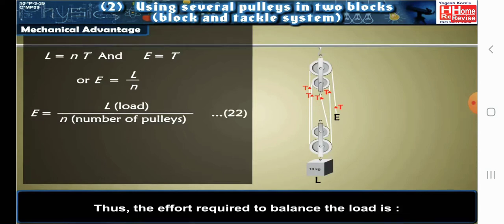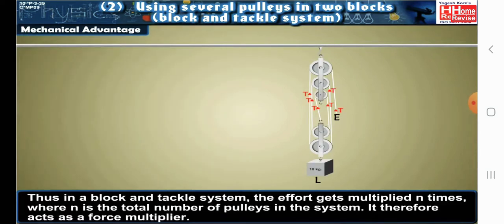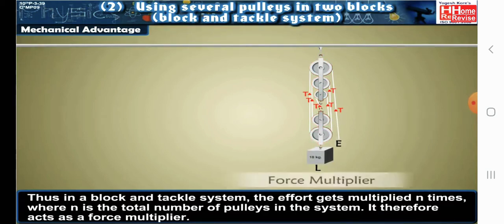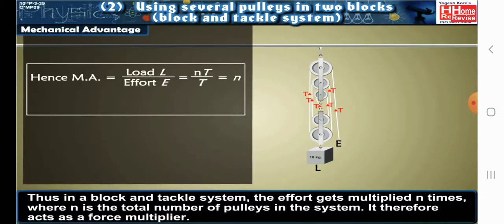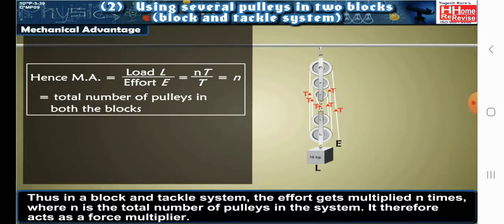Let this be equation 22. Thus, in a block and tackle system, the effort gets multiplied N times, where N is the total number of pulleys in the system. It therefore acts as a force multiplier. Hence, MA is equal to load L upon effort E, which is equal to NT upon T, which equals N, which is equal to the total number of pulleys in both the blocks. Let this be equation 23.